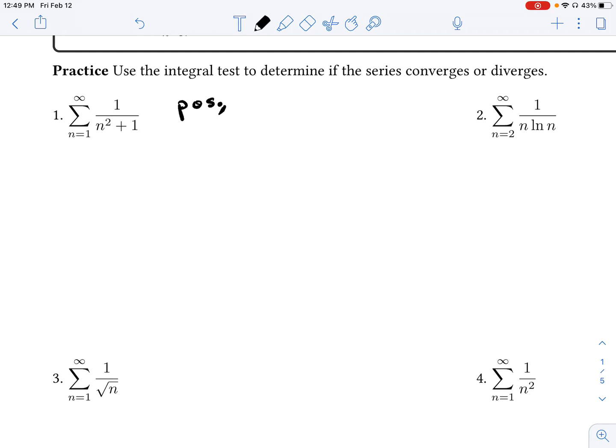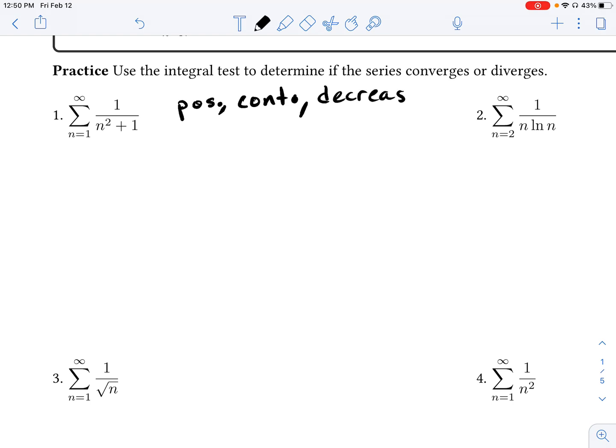Well, yes, the domain for that function would be all real numbers, so there aren't going to be any discontinuities. We know it is a continuous function. And finally, is this function going to be decreasing? Well, yes, as our denominator gets larger and larger, the overall ratio of the terms is going to get smaller and smaller. So it is indeed decreasing.